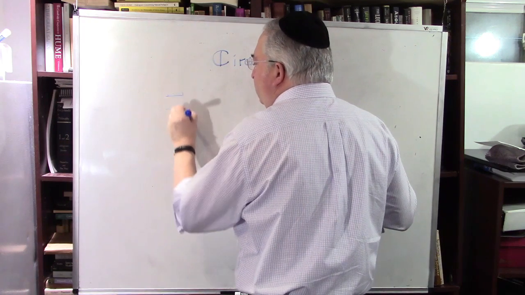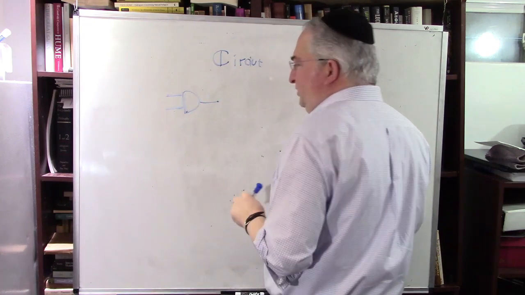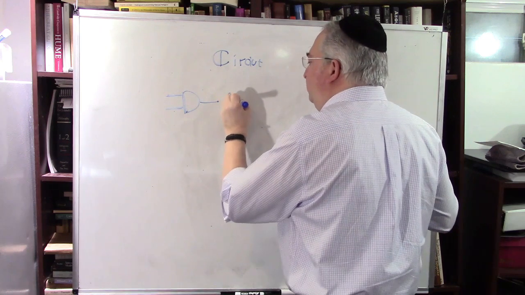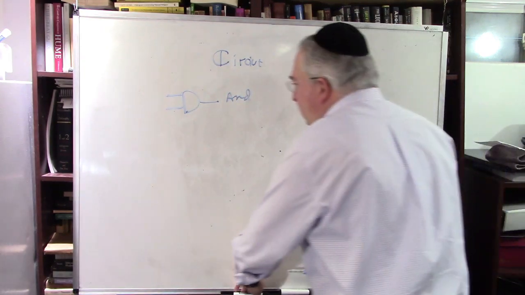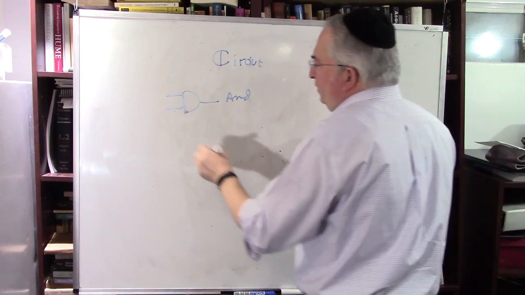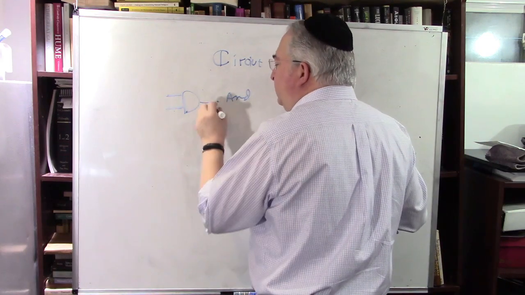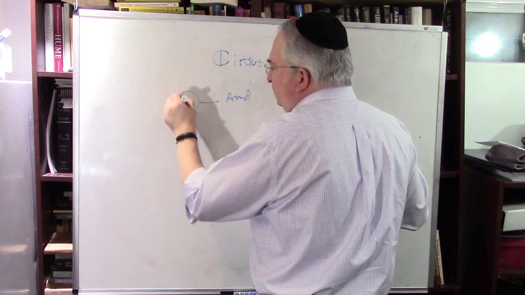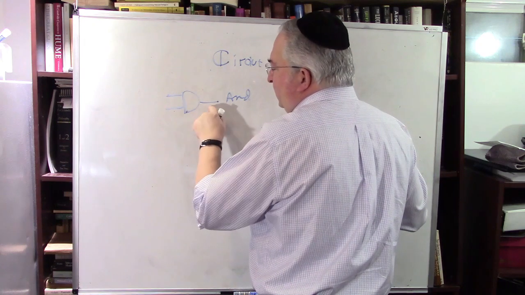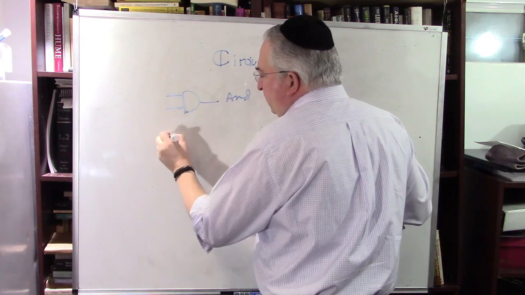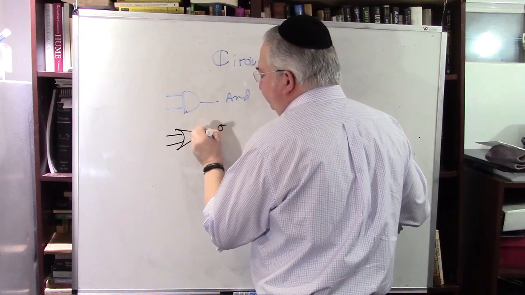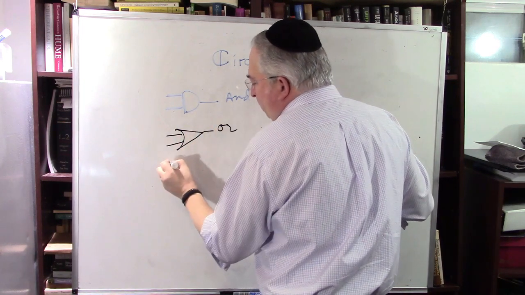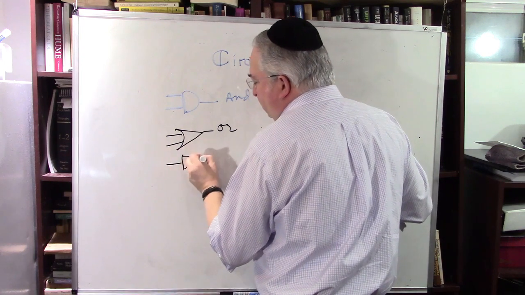There are logic gates. This is called the AND logic gate. Basically electricity comes in here, and if there's electricity coming in both of them, then this comes out also. Besides that, there is the OR gate. Besides that, there's the NOT gate.